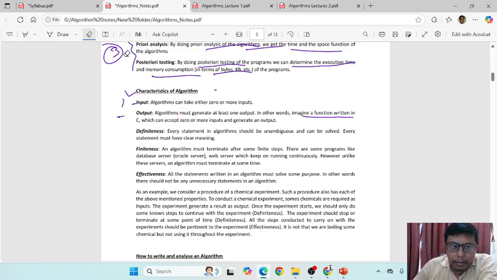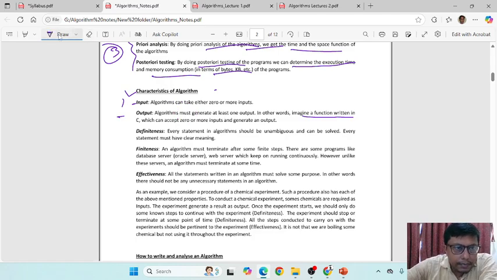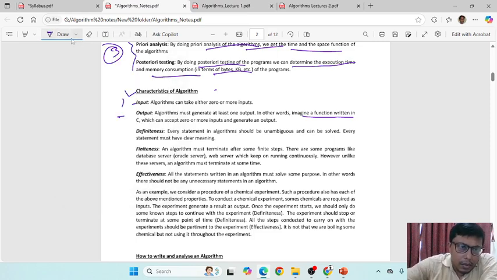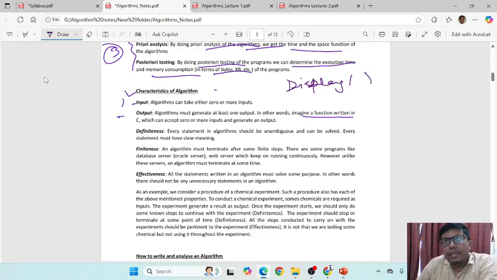If you are writing any display function, you can have the void parameter list, that means you are accepting no input from the user.